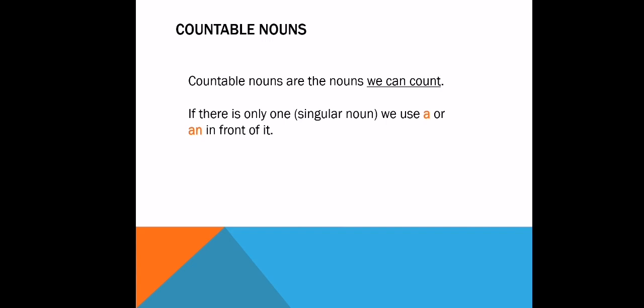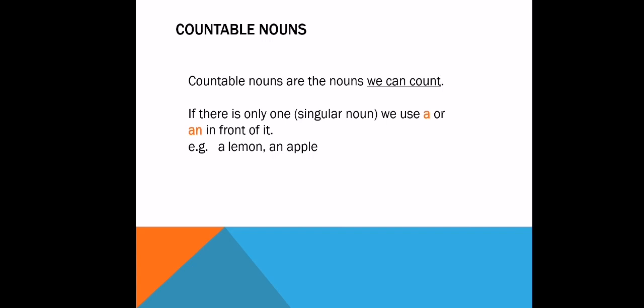Is it one or more than one apple? If there is only one, it's referred to as singular. We use a or an in front of it. For example, a lemon, an apple.